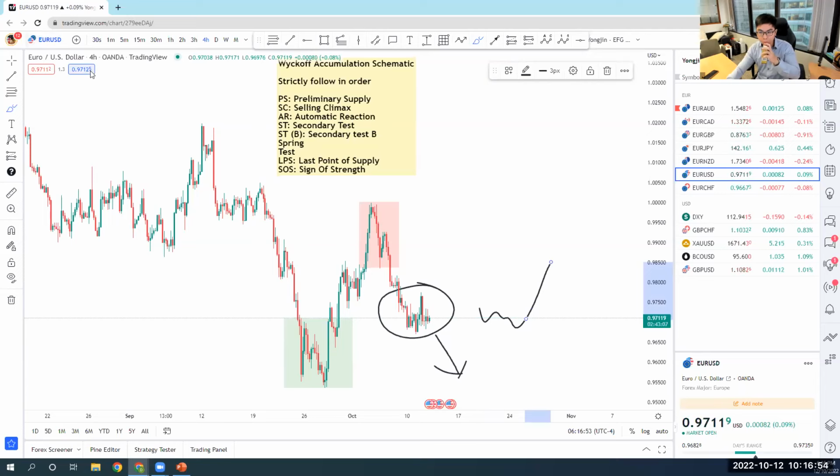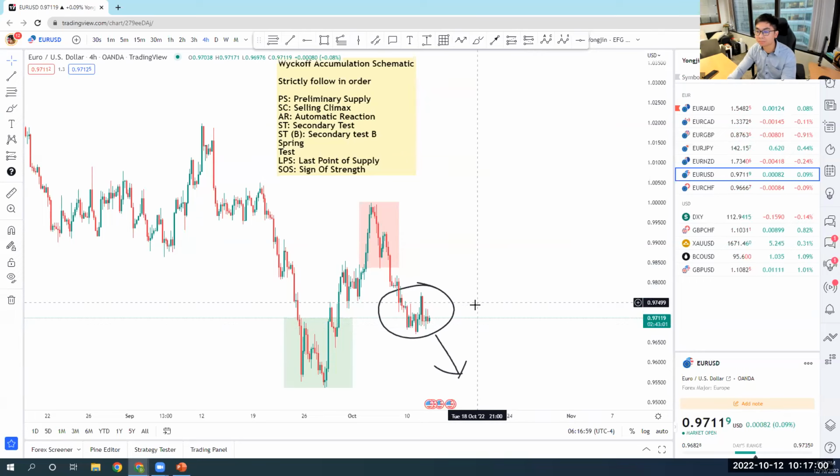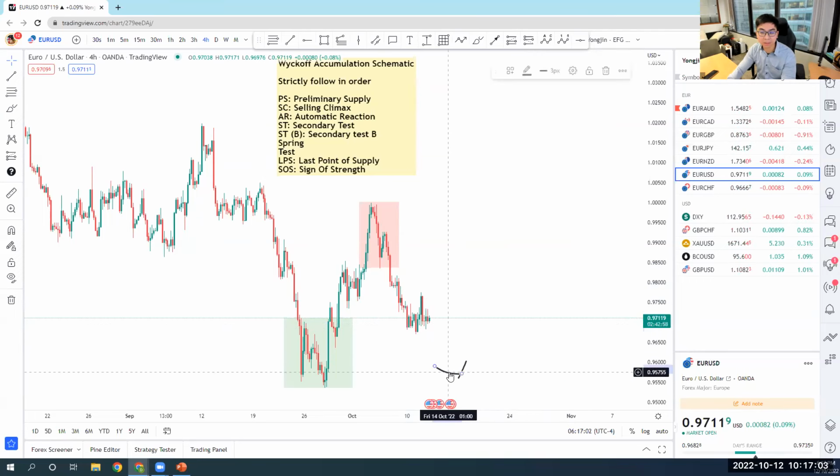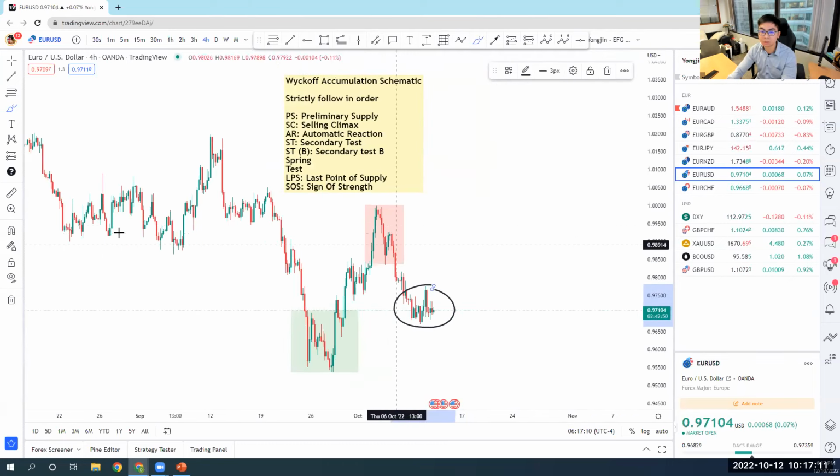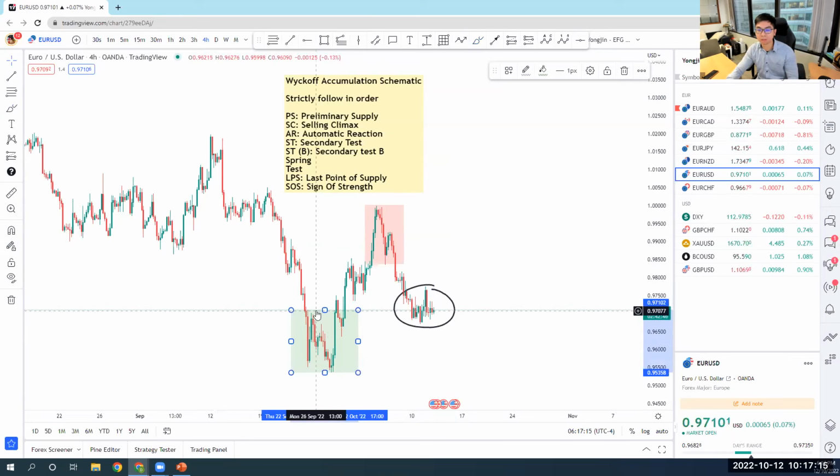Okay. So now, since we have established which part of the markets we are in, we know that this area might be a reaccumulation or redistribution. What do I mean by redistribution? You can spot this area. Let's look back up.